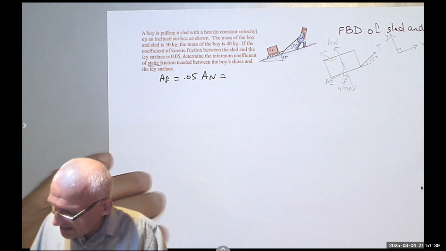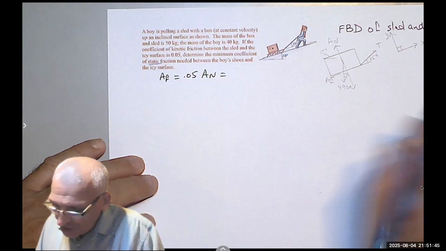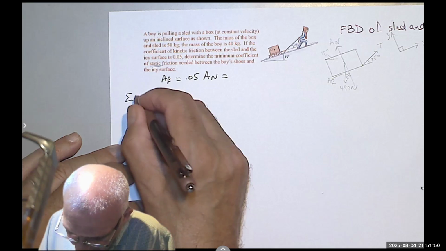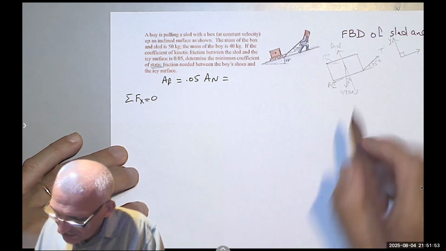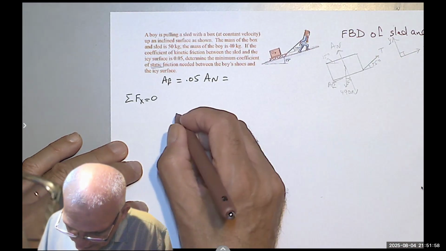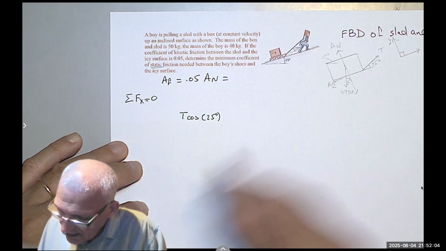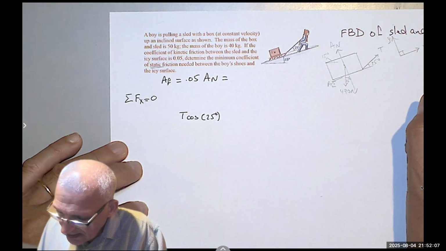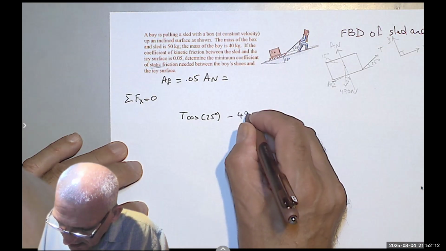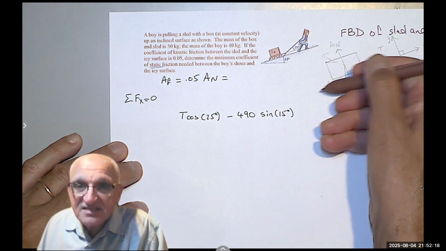Okay, so we can start with any equation, either x or y. We will have to do both anyway. So if we do the summation of the forces in the x direction and equate that to 0, in the x direction we have T cosine 25 degrees going to the right, minus 490 sine 15, minus A sub f equals 0.